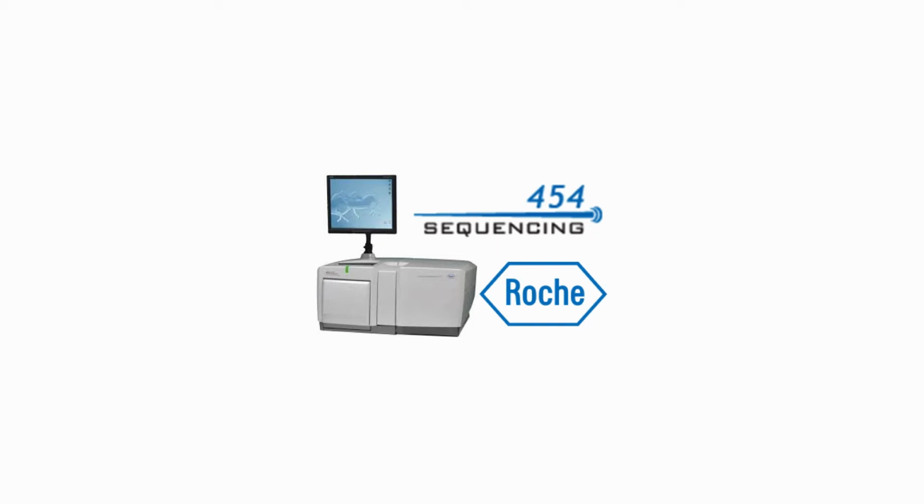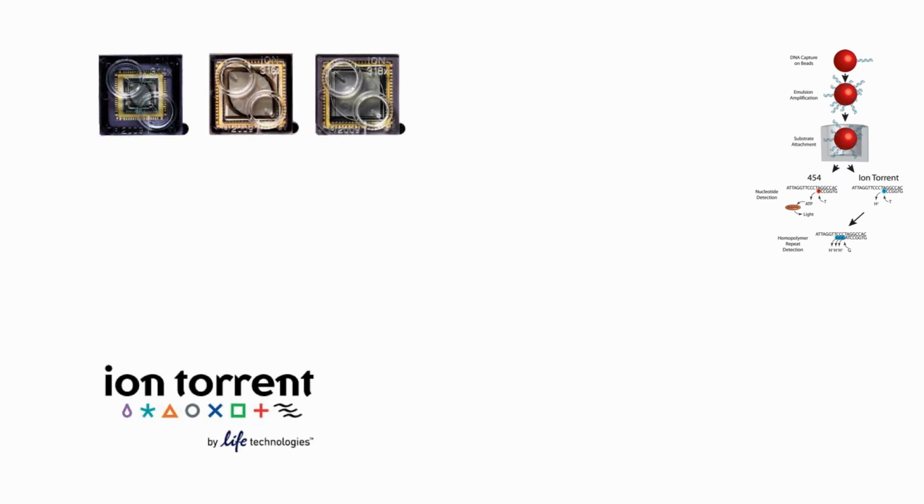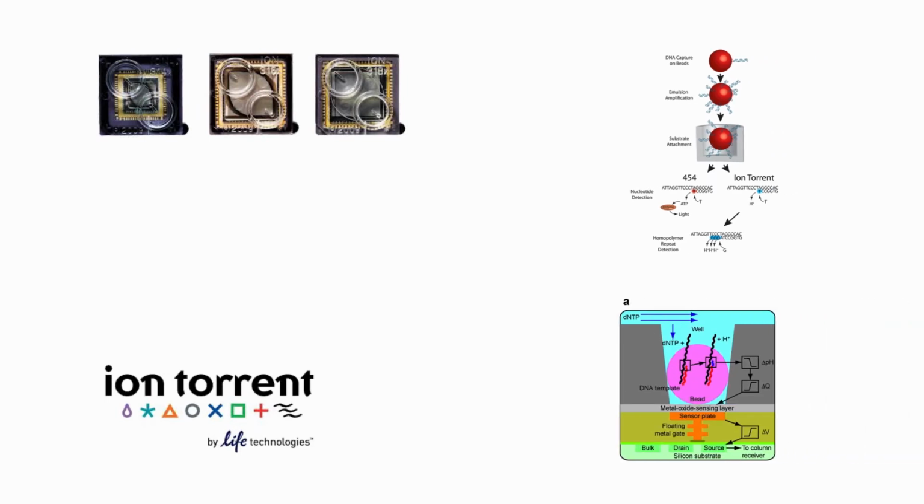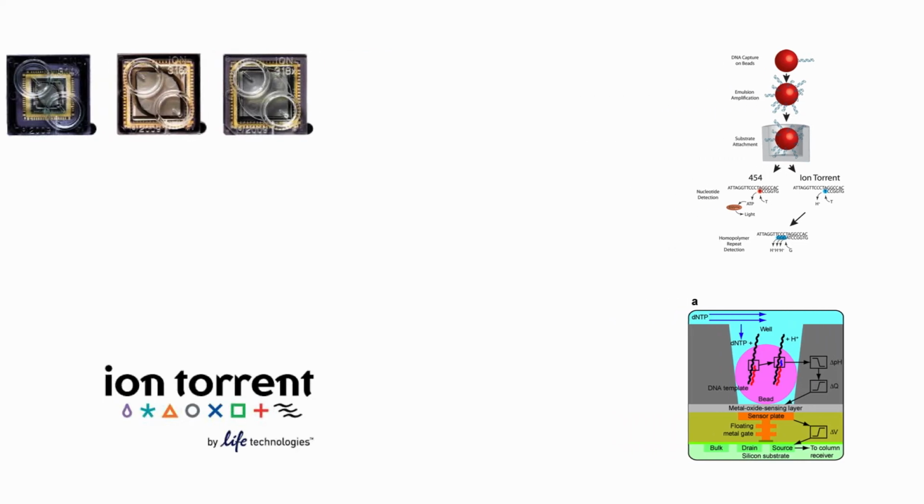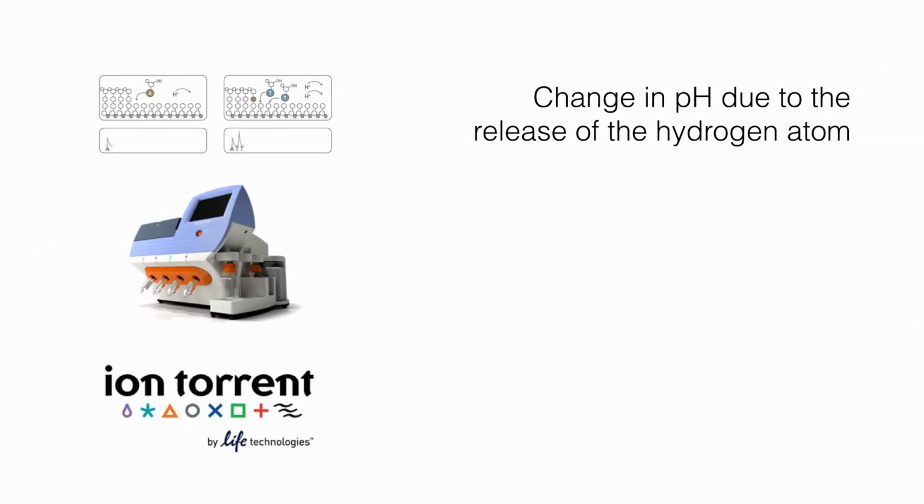The influence of the 454 technology can today be seen in the semiconductor sequencing by Ion Torrent PGM and Ion Proton, based on very similar principles, except the nucleotide incorporation is based not on the release of light, but on change in the pH due to the release of the hydrogen atom after nucleotide incorporation.